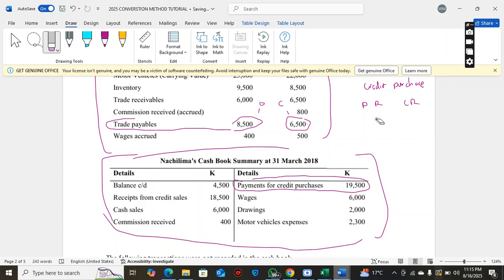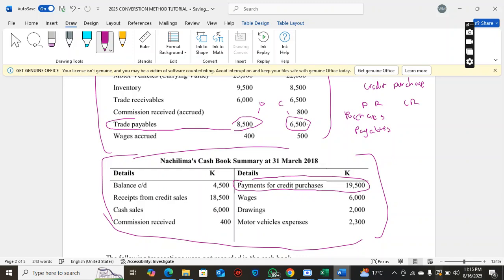No, you are crediting the payables. You debit purchases, then you credit the payables. Yes, the liability, because you are owing now.